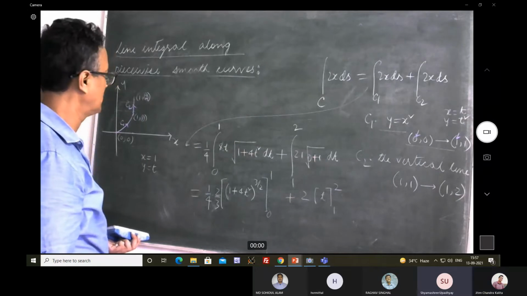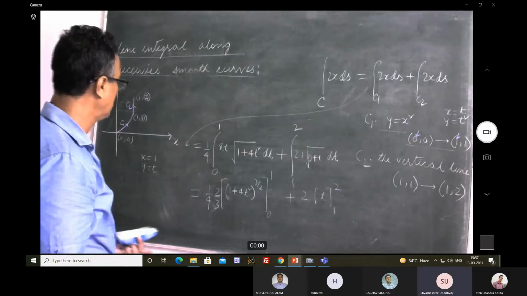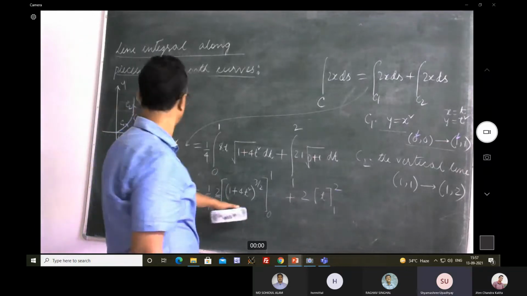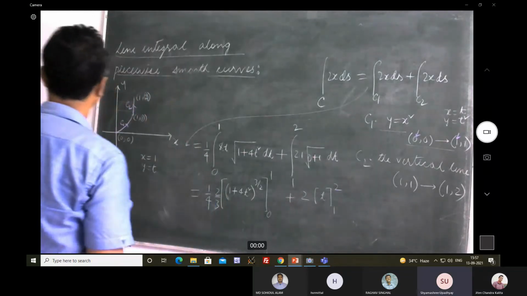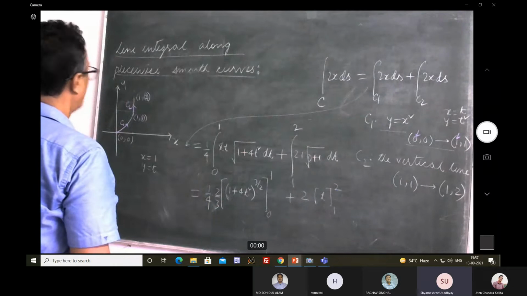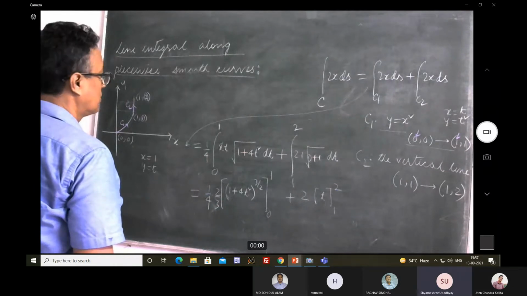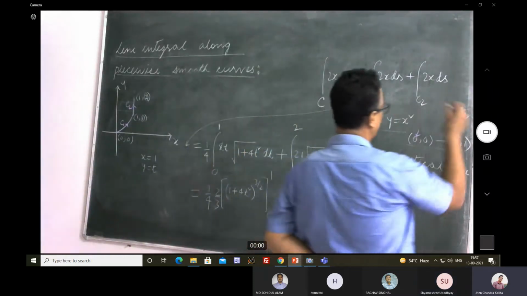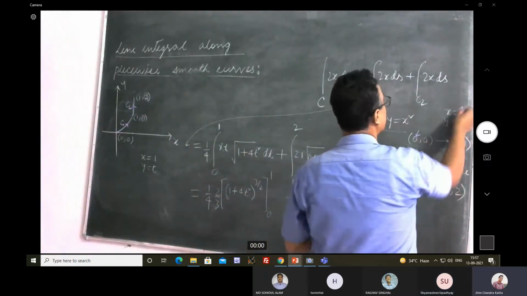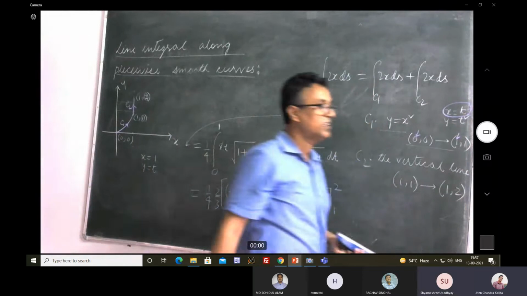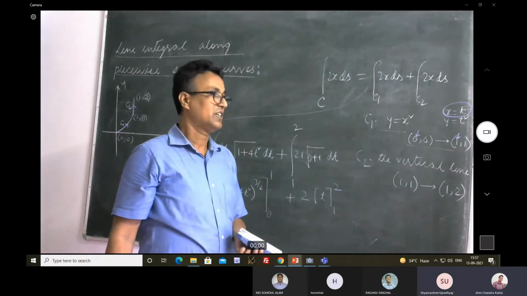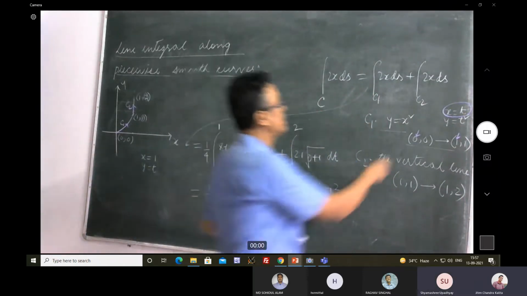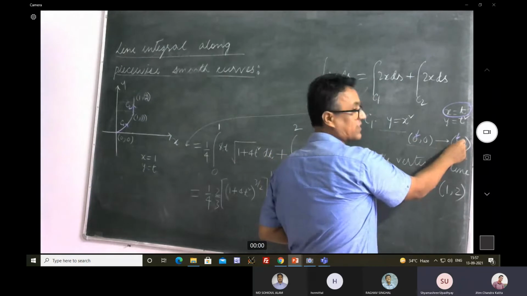Which one? This first integral's limits. No, when you make this change of variable, just wait. It is going to depend on t, because the limit is for t. t equal to x here, and x in this particular case goes from 0 to 1.